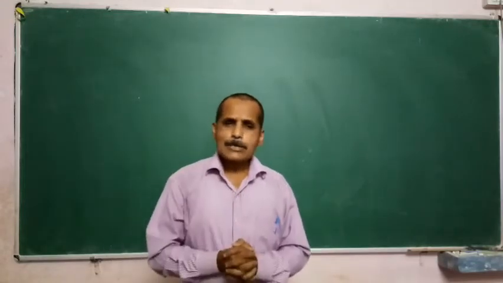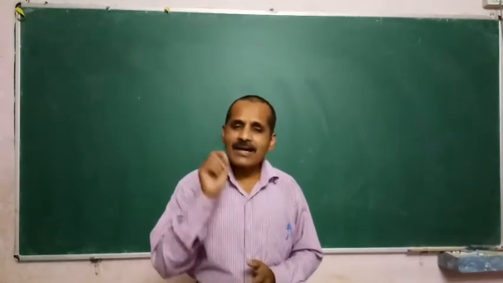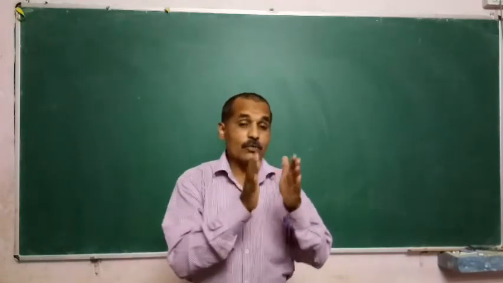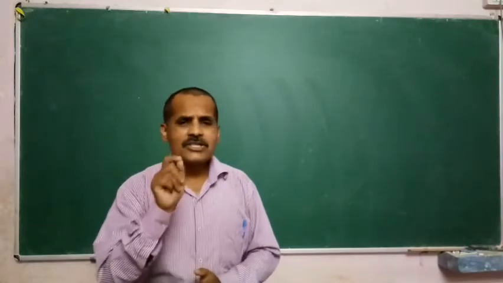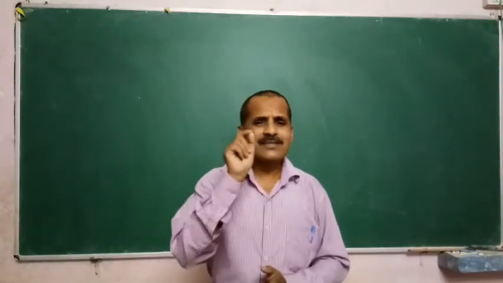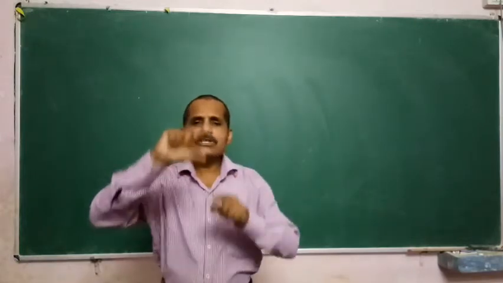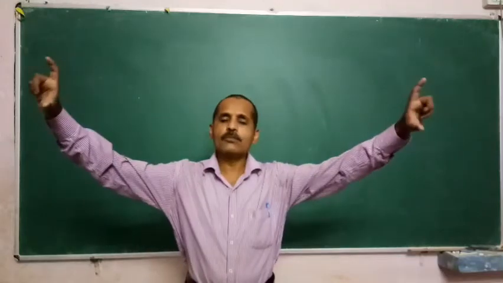Today, in this session, I am going to teach you about parallel lines and their transversal. First of all, I should tell you what parallel lines are and what a transversal is. My dear children, you know very well what parallel lines are. They are lines whose distance is uniform when you extend them on both sides.